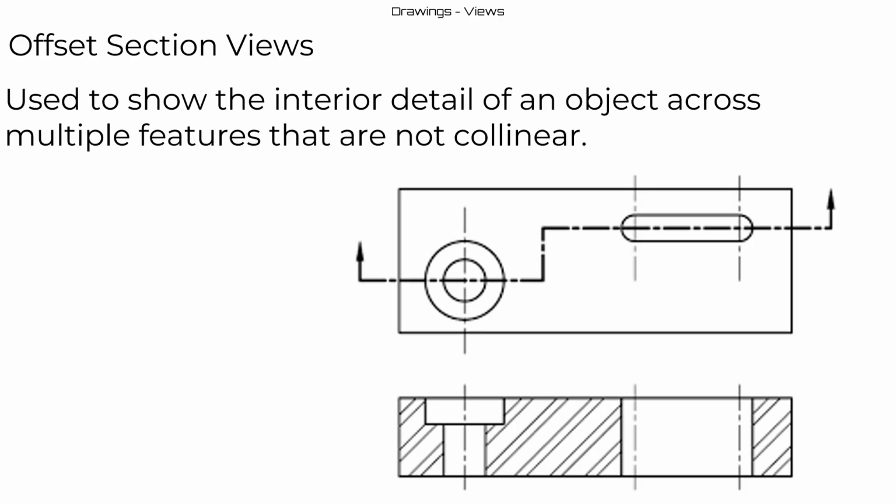Now, as you can see, there are lines going through these holes because they have diameters. So any hole or any slot that's used here is always going to have a center line to signify that it has some radial component to it.